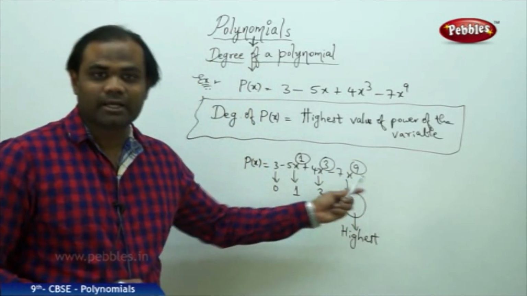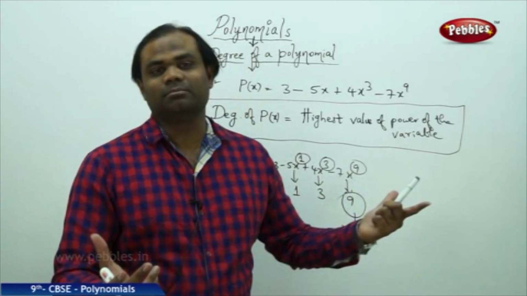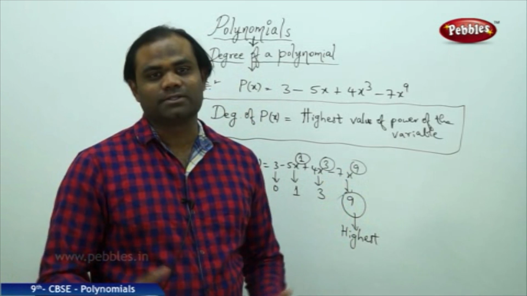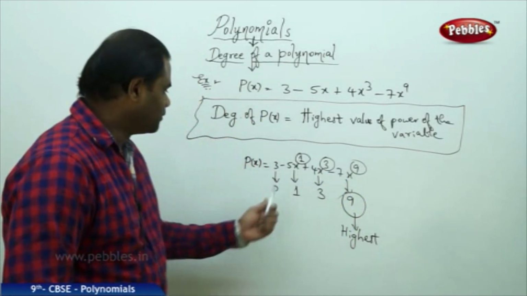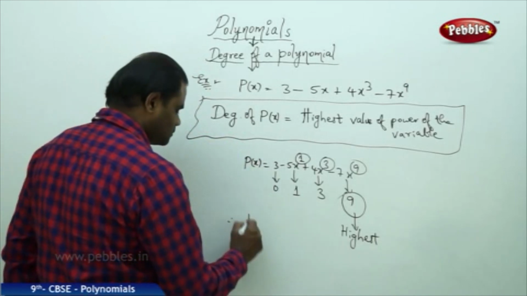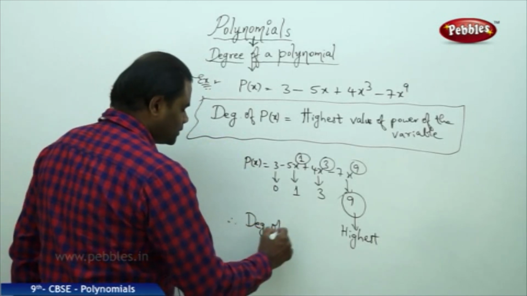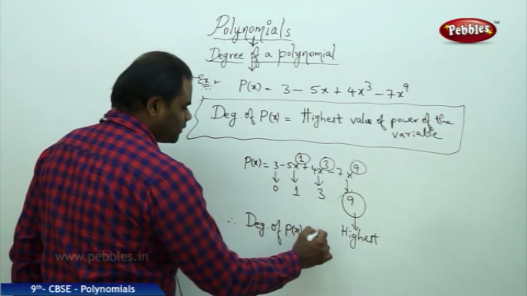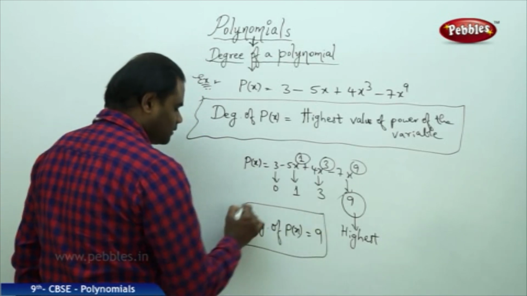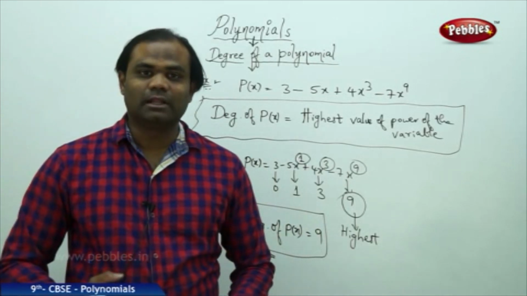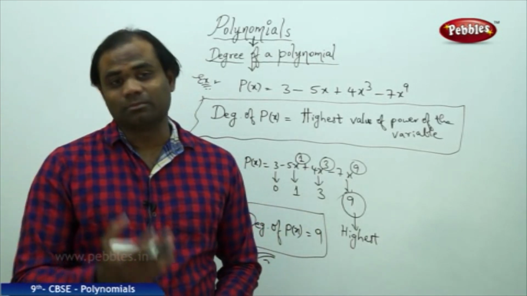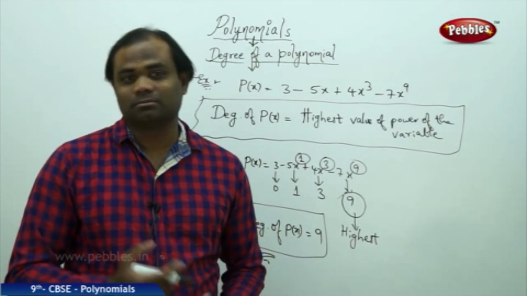This is the highest, and hence this is the degree of the given polynomial. Is how we understand the degree of the polynomial p of x. Therefore, degree of the given polynomial p of x is 9. Is how we understand in the most simple language. Let's see one more example to understand the concept more strongly.